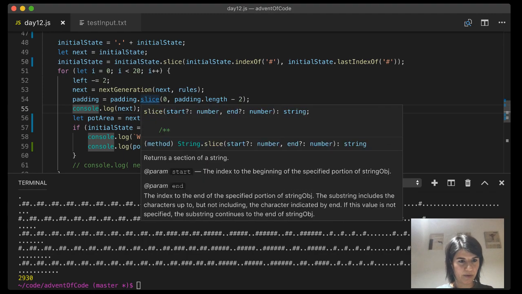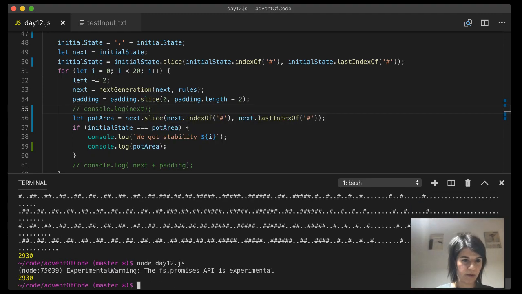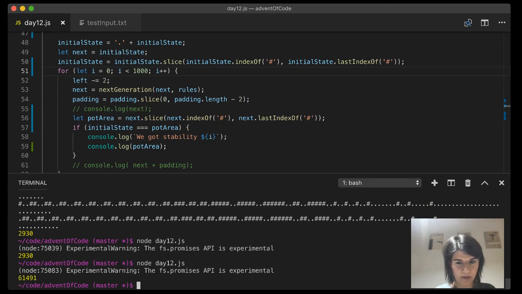I want to print this. Okay, and we never get stability after 20, but what if we run this for 1,000? Nope. Yeah, so I'm ignoring all those, but it's not quite there.